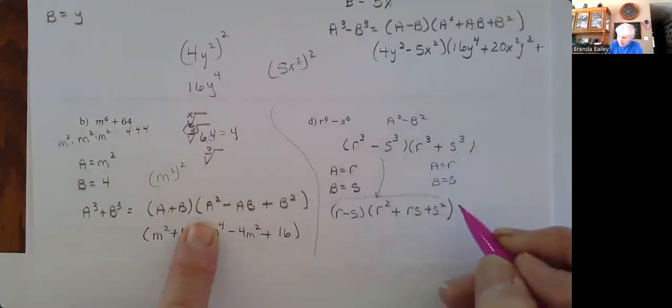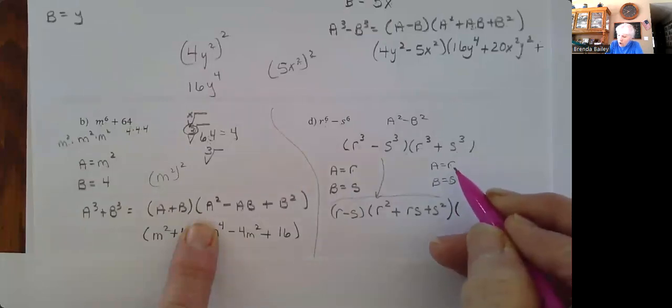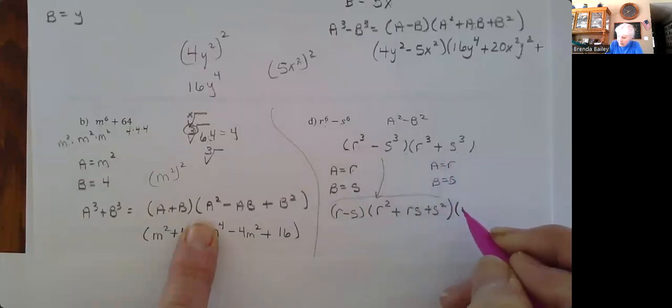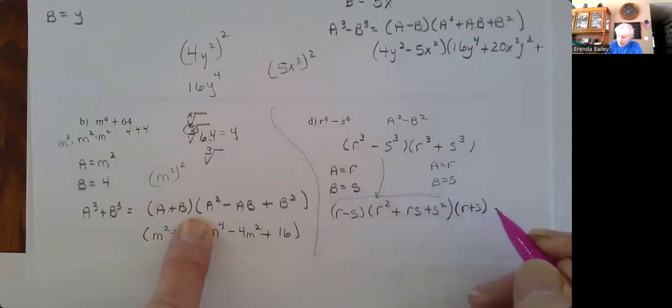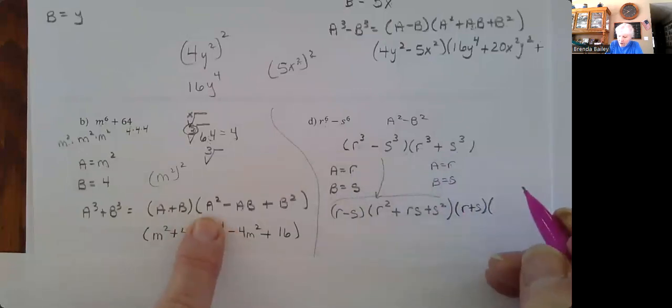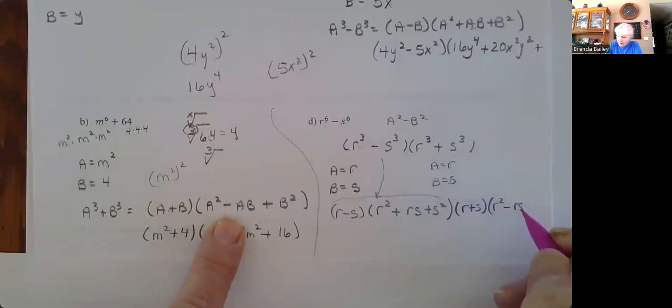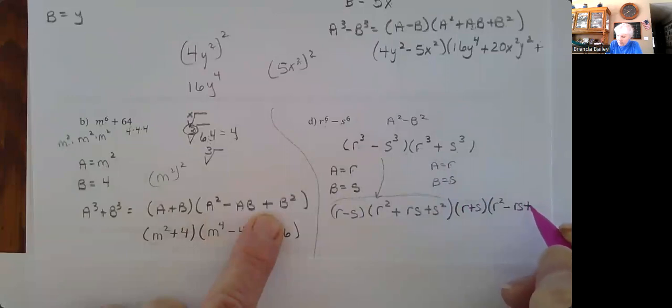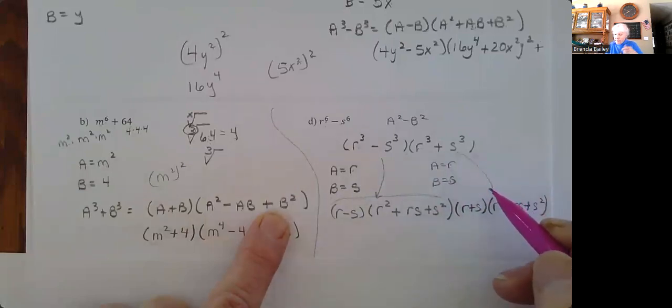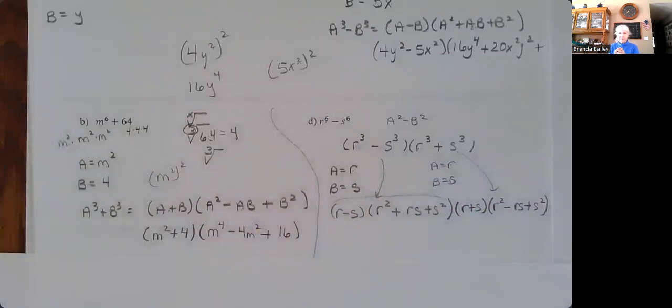So you take R plus S times R squared minus, multiply them, and then plus square the B. And that's that factored. Now you're done. Alrighty, so it's really not too bad.